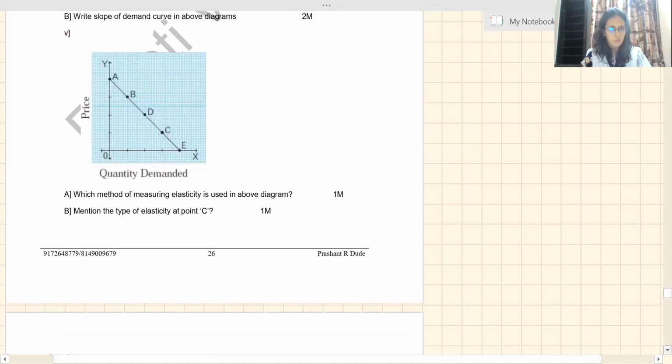Now next, now we have to write over here. This is based on type of elasticity, methods of measuring elasticity of demand. This is called point method or geometric method. We have different types. Now, which method of measuring is in the above diagram?